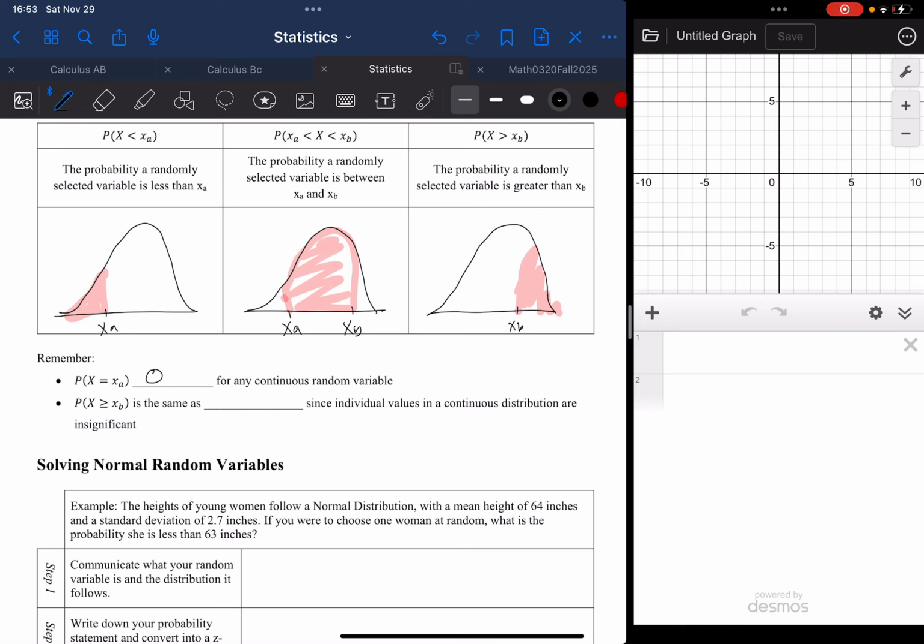And also, the probability that x is greater than or equal to some number x sub b is the same as saying the probability of x is greater than x sub b, since individual values in a continuous distribution are insignificant. So since we're talking about a large area, if we were to not include one single point in that area, it's not going to drastically change our answer.